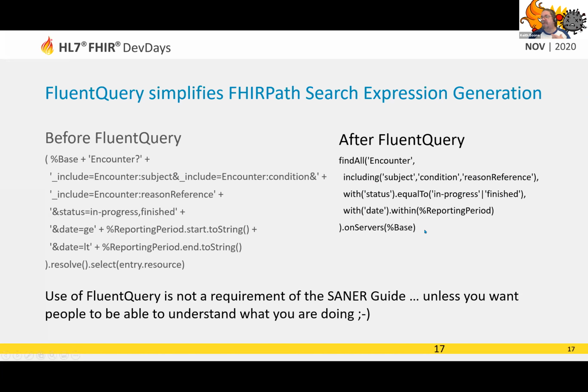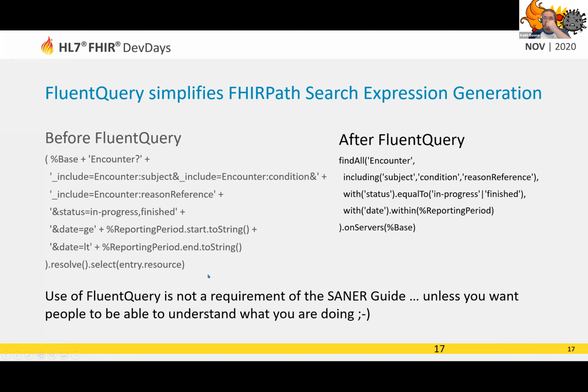We defined something called Fluent Query in SANER that basically says these are the functions that you can use to construct a query. And this is what it evaluates to, something that already is in FHIRPath, where you have the ability to create a URL, resolve that URL, and then select content from that URL to be able to do work with it.